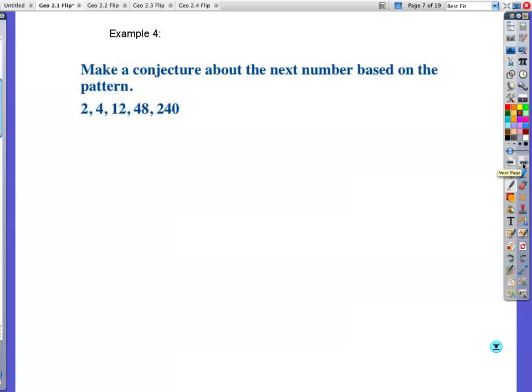Make a conjecture, an educated guess, about the next number based on the pattern. I'm going to suggest you either add, subtract, multiply, or divide. Since my numbers are getting bigger, it's either got to be addition or multiplication. It's hard to teach patterns here. You could add, but the differences are 2, 8, 36, then 100-something, 192, so it doesn't seem like we're adding the same thing. Let's check multiplication.